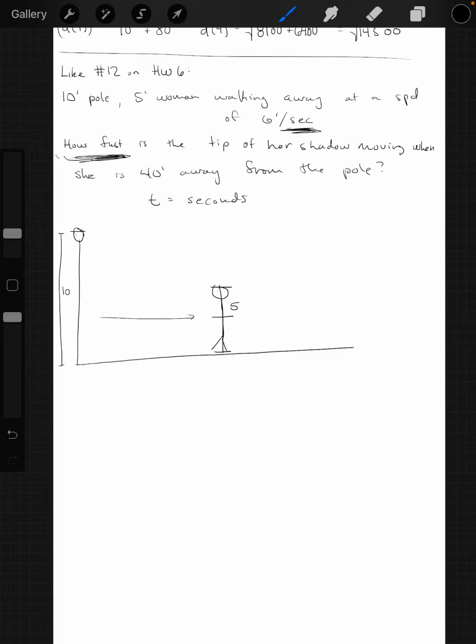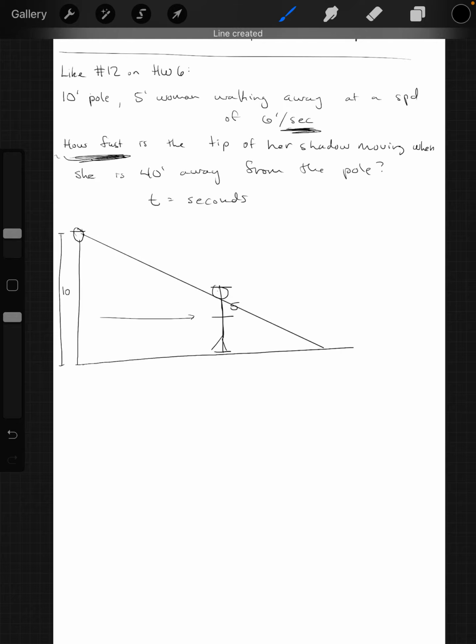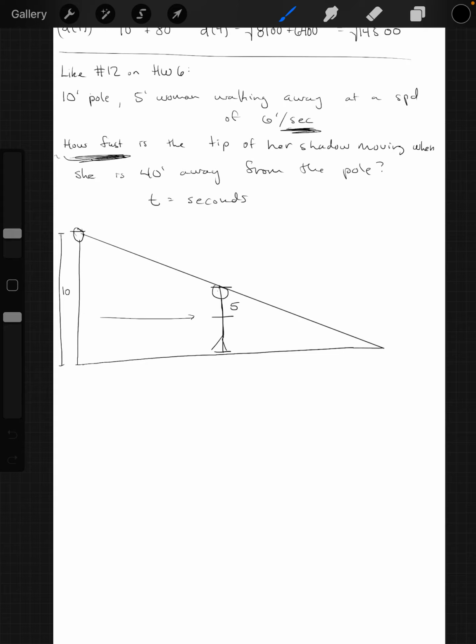One of the things that you sort of have to know going into these problems, which you can get from doing the practice or reading the book, or I think there was a video to go along with this one, is that shadows, okay, we're going to pretend like that's a straight line. I can even use my drawing program to cheat. Shadows obey this rule. So if you have a light cast from up here and you draw a line from the light, hit the top of the thing casting the shadow itself, and draw a line till it hits the ground. That's how long the shadow is.